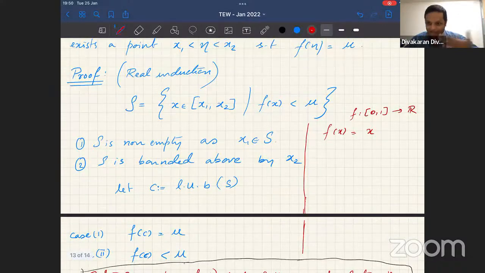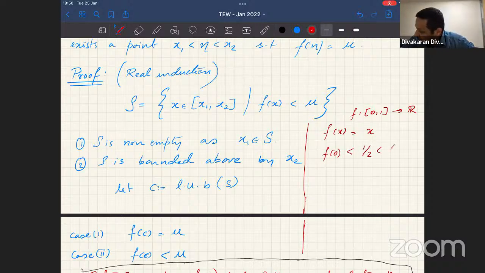Let's anyway discuss this because others might not have understood the point. So suppose, for example, I take a value between f of 0 and f of 1. Let's say half. Half is a value between f of 0 and f of 1. If we take half, what is S in this case?